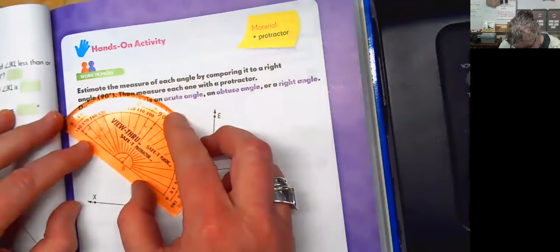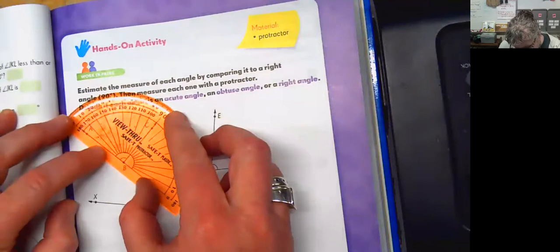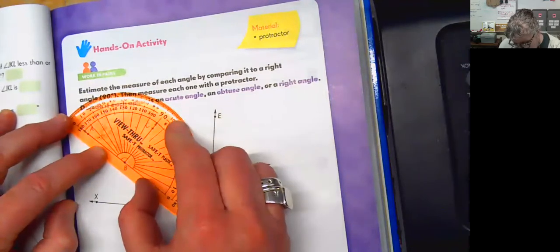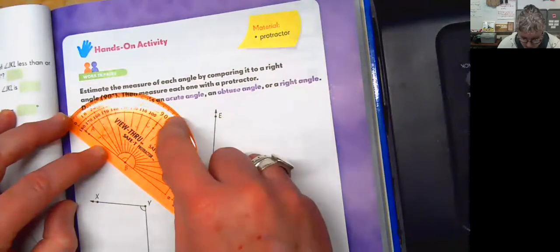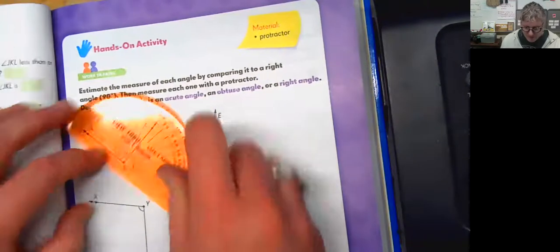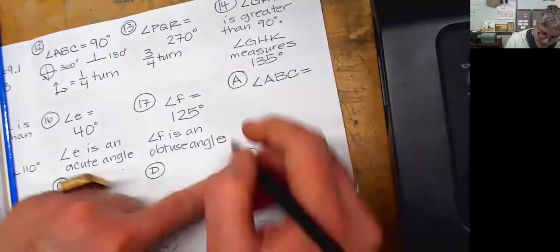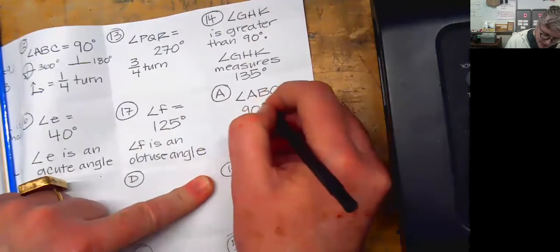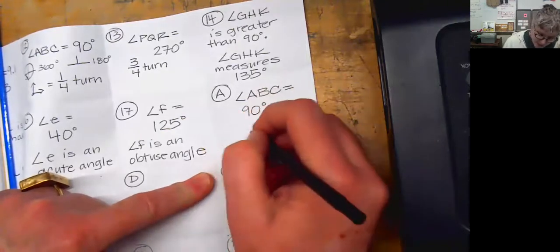I line it up with the bottom, and I'm lining it up perfectly on the center, and I'm seeing that it's 90 degrees, right? This is where I'm pointing right here. The angle is right along the 90-degree mark. So I'm going to write angle ABC equals 90 degrees. And if an angle measures 90 degrees, it is a right angle.